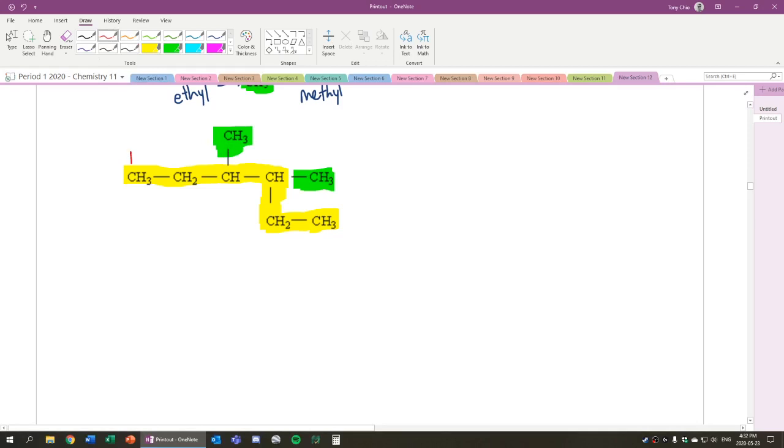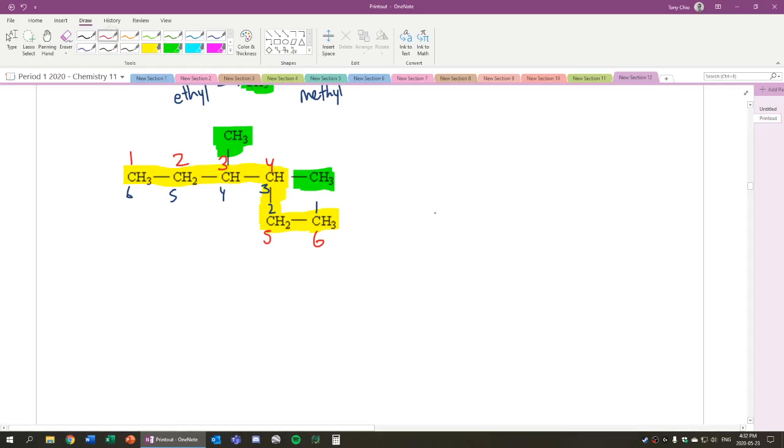Now I need to number my parent chain so that it gives the lowest set of numbers. So if I go from this direction, 1, 2, 3, 4, 5, 6. Okay, that's one way. The other way is 1, 2, 3, 4, 5, 6. What you notice in this example is that the numbering doesn't matter, because they're both methyl groups, they're the same groups, and they're both on the 3rd and the 4th carbon.